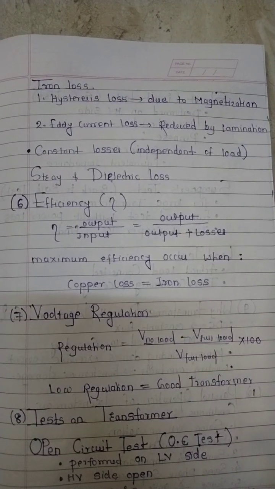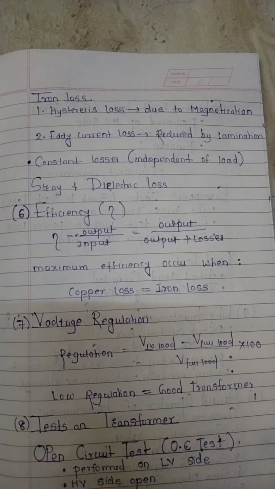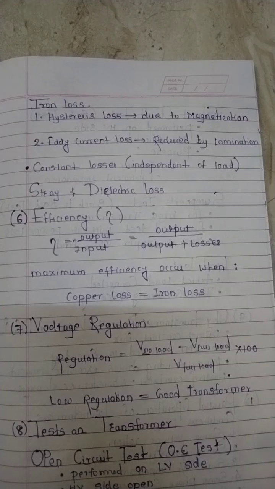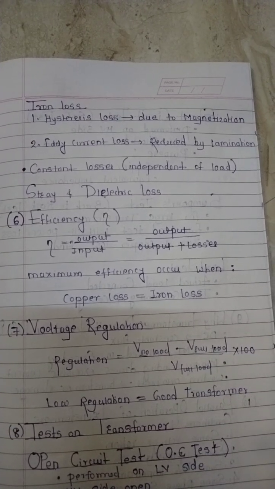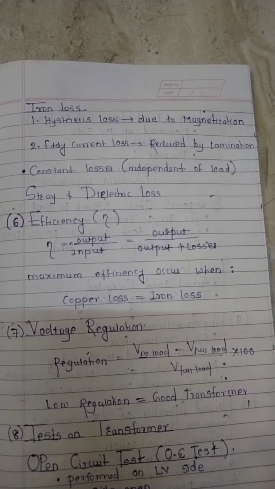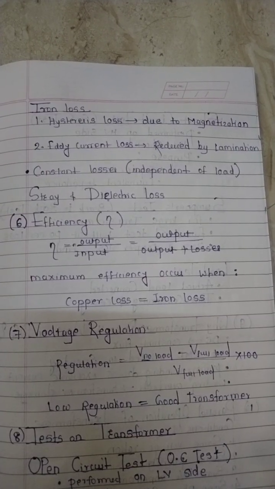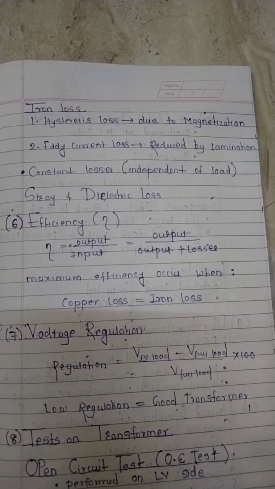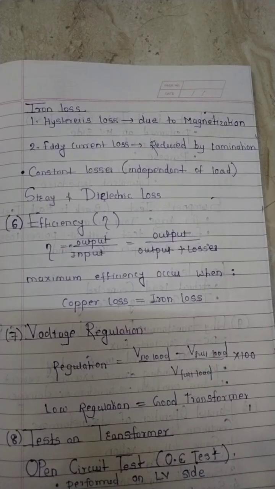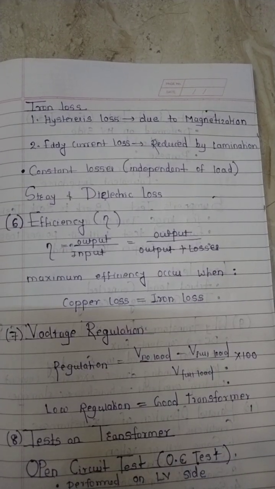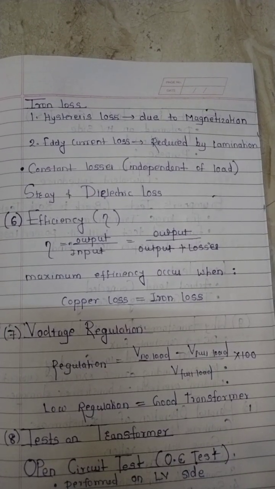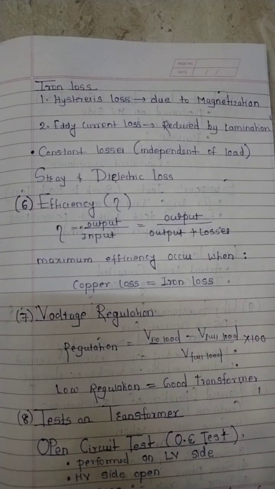Hysteresis loss, which is due to the magnetization, and eddy current loss, which is reduced by lamination. The iron losses are the constant losses, independent of the load. There are also stray and dielectric losses.